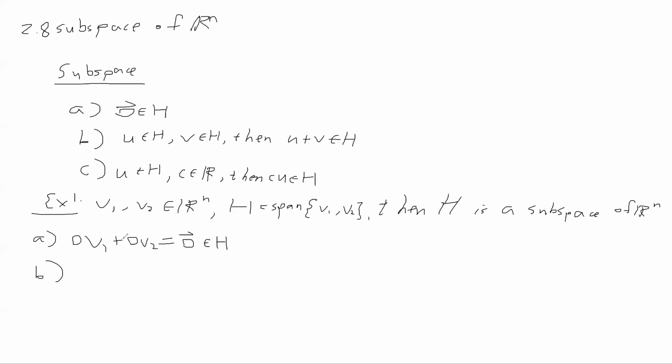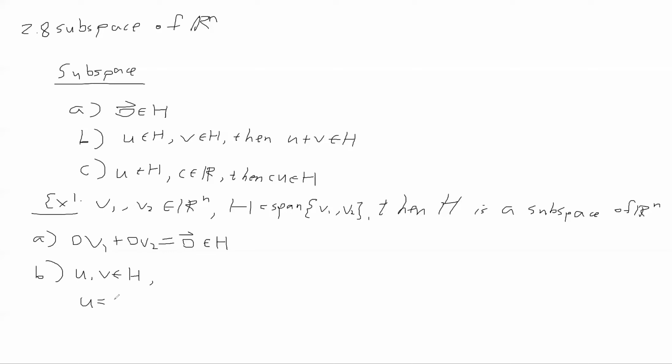B. All right, so we want to show that for some vectors U and V in H, the sum of them is also in H. All right, so if U and V are both in H, that means U is a linear combination of V1 and V2, right?